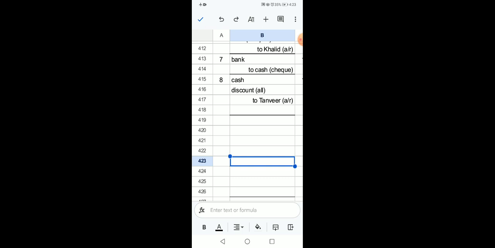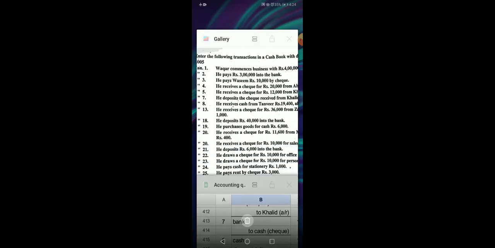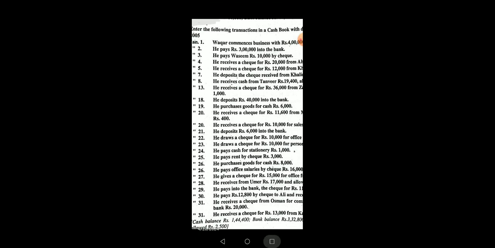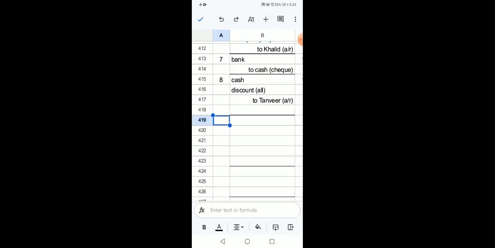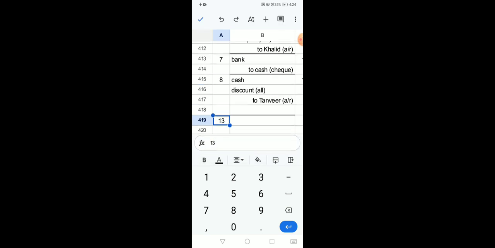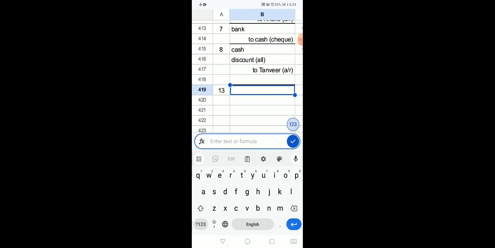As you know, a check is directly or indirectly associated with the bank account, but I am requesting, do not mention bank account until and unless it has been deposited into your bank account. Since in entry number 13 you have not deposited that check into the bank, you will not mention bank account for the time being.